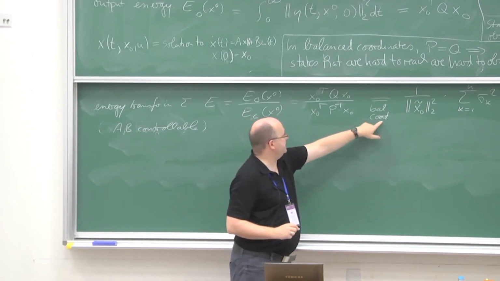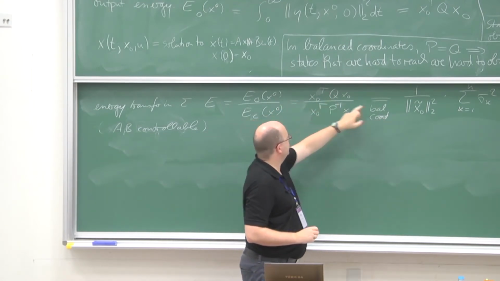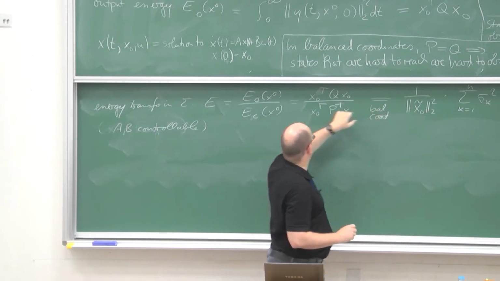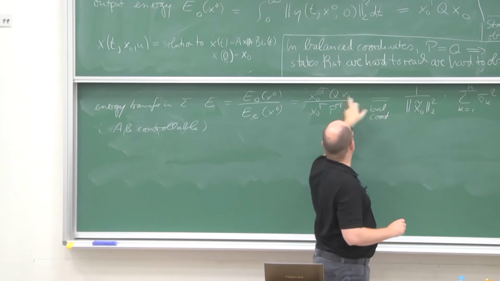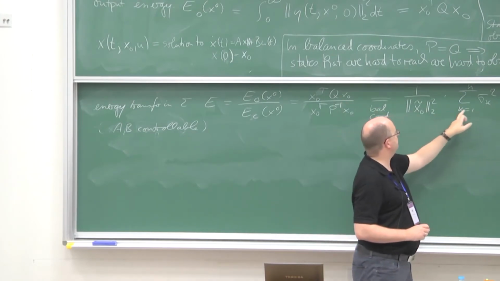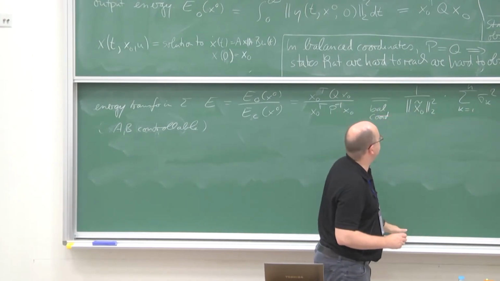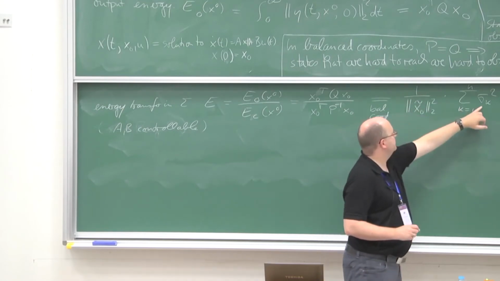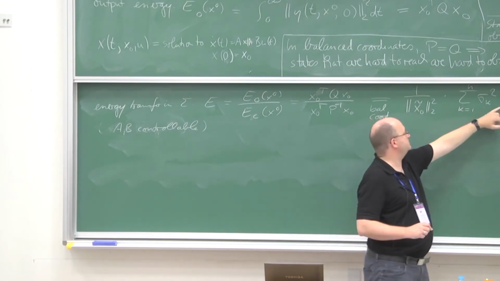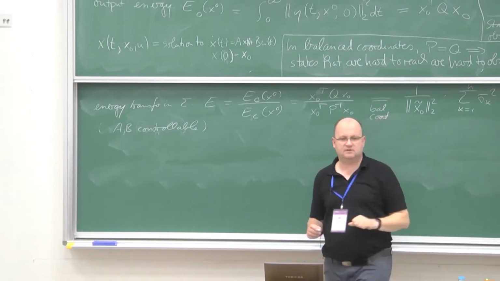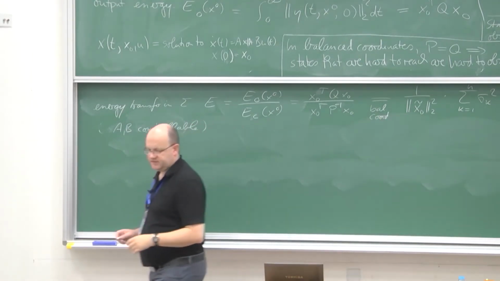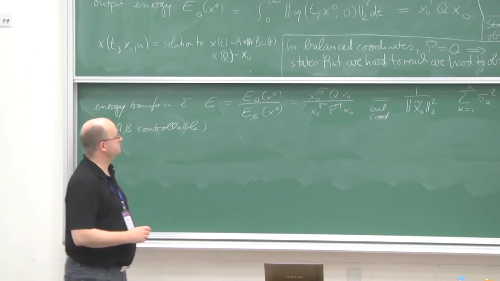If you go to balanced coordinates, you can transform x0 also into that new coordinate system, and then you see what you end up with is this expression. And you see again small Hankel singular values will eliminate all the components that correspond to these states that are hard to reach and hard to observe.